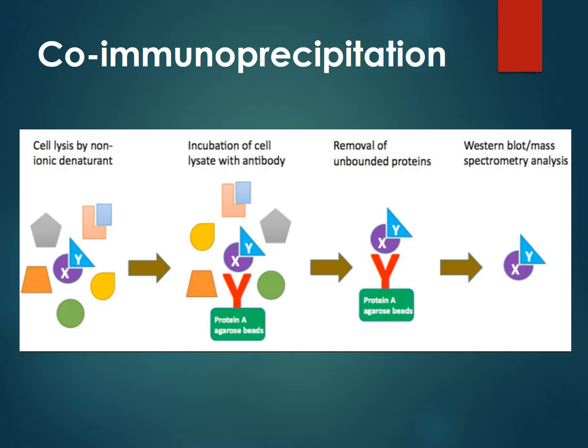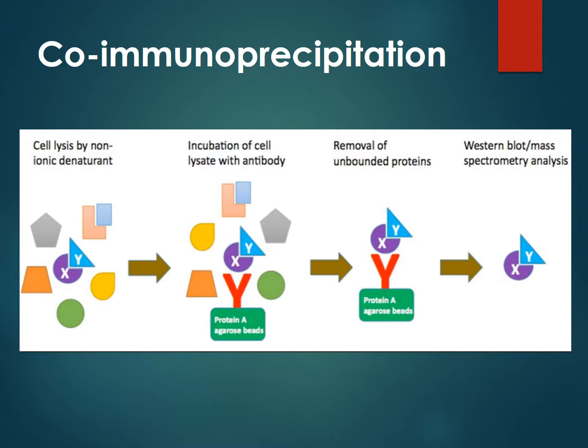So in this cartoon, we start out with an antibody to the protein X that handshakes with Y. And there are other mystery proteins that we really are not interested in. We're interested in this interaction here.